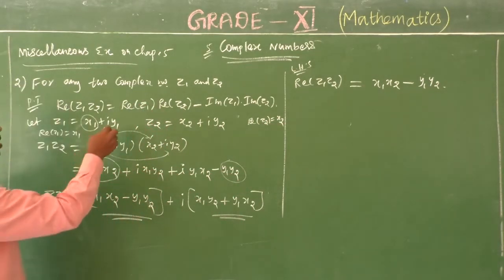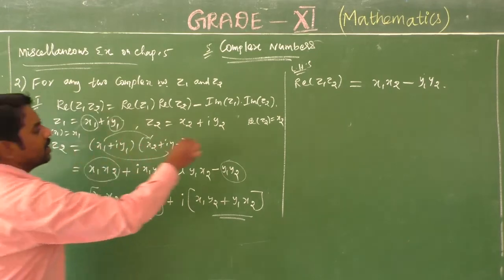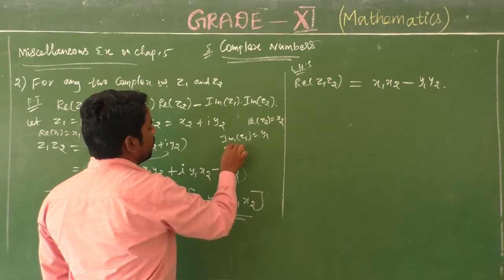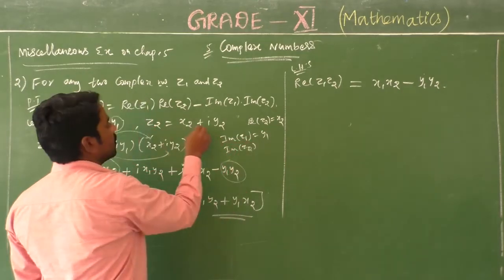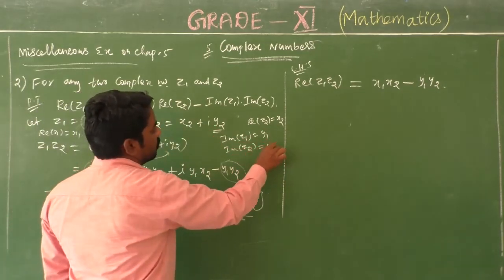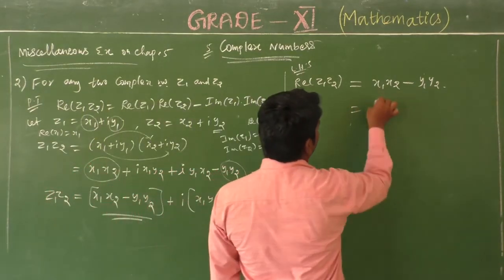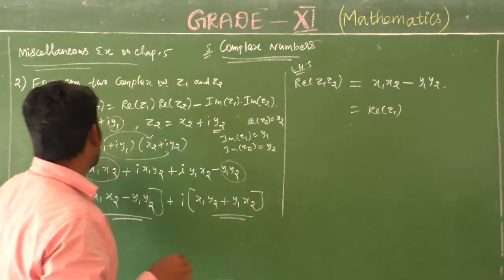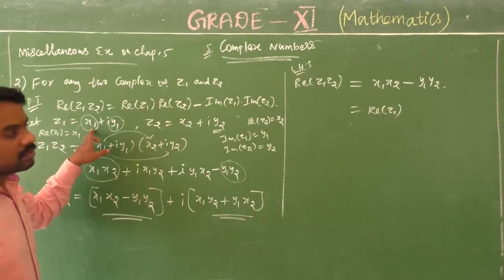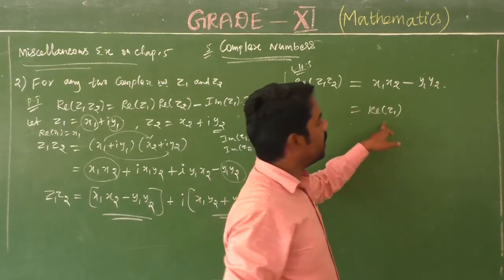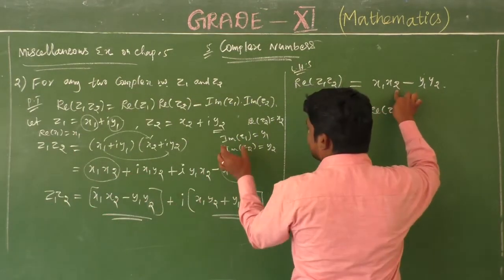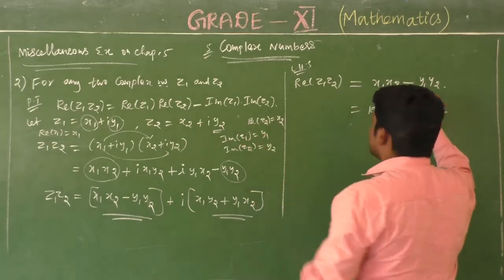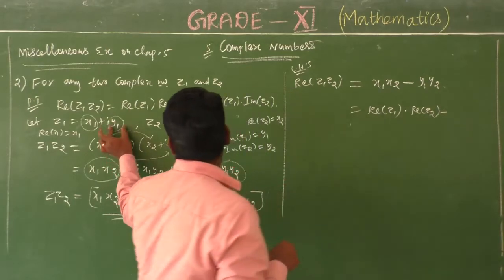And imaginary part of z1 is y1, and imaginary part of z2 is y2. So apply this. x1 is real part of z1, into x2 which is real part of z2, minus y1, where y1 is imaginary part of z1, into y2 which is imaginary part of z2.